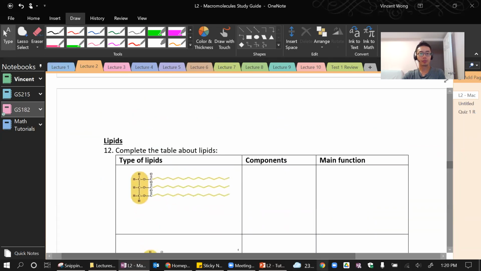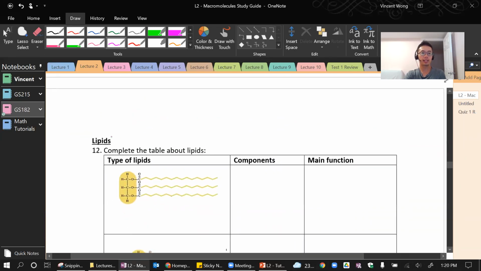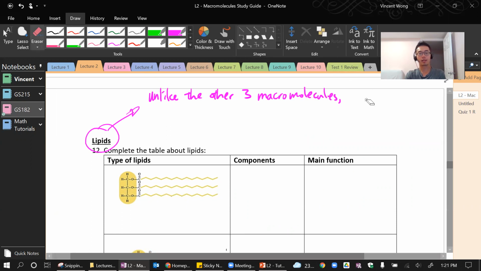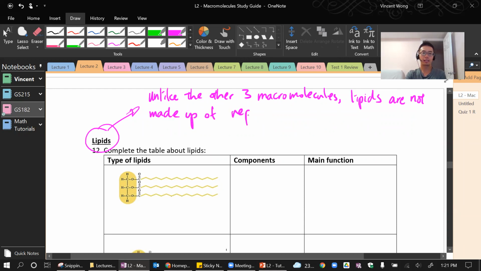Moving on to lipids. Okay, so lipids is a little bit special compared to the other 3. Okay, so unlike the other 3 macromolecules, carbohydrates, proteins, and nucleic acids, lipids are not made up of repeating monomers.